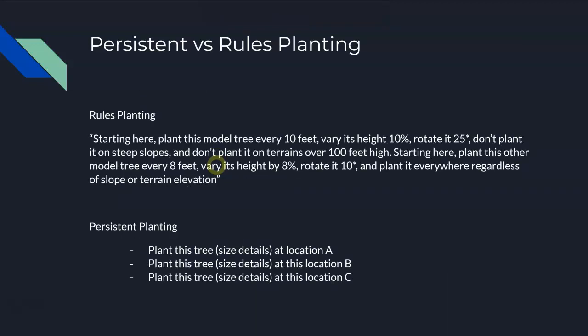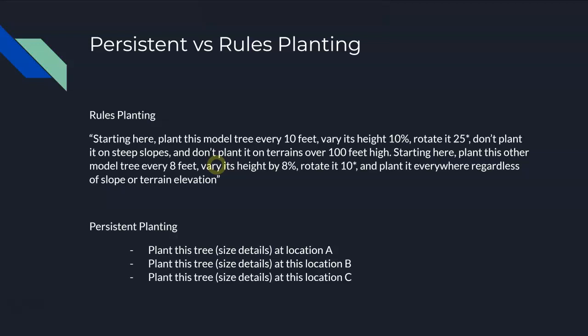So let's explain the difference between persistent and rules planting. In rules planting, essentially what you're doing is you're creating rules, and then VSPro follows those rules to determine what to plant and where. So for example, and this is very simplified, you might have a rule that says, hey, starting here, plant an oak tree every 10 feet.